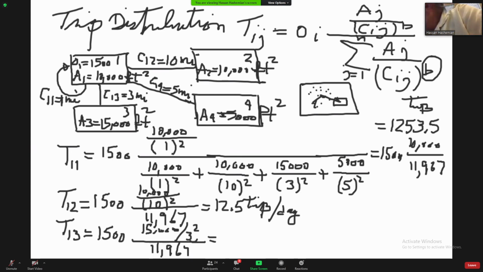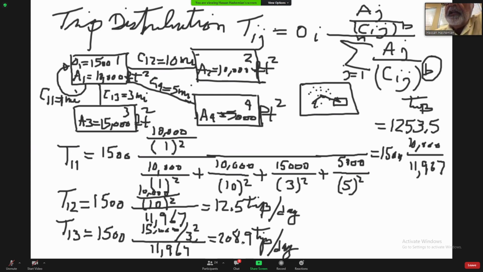So you calculate that, that will be 208.9 trips per day. So 208 or 209 people will go to the third shopping center because it's only 3 miles away, and the size of that shopping center is 1.5 times the shopping center over there. So that attracts more people.